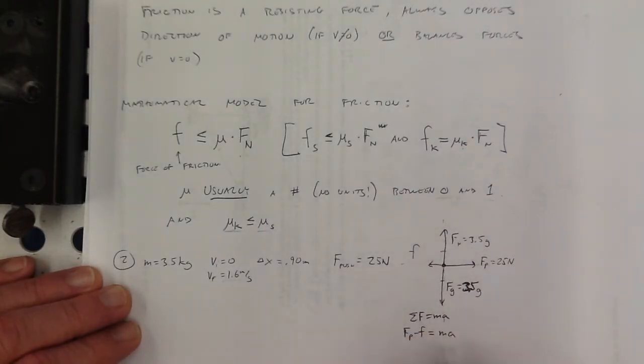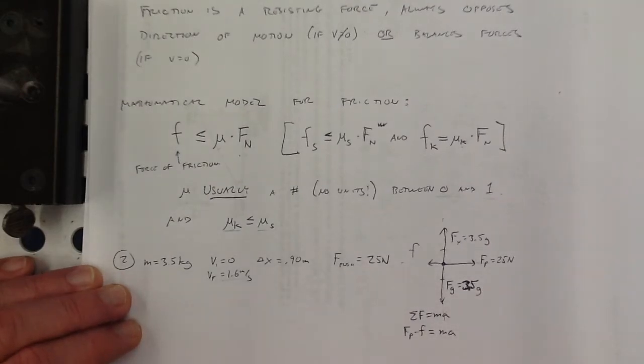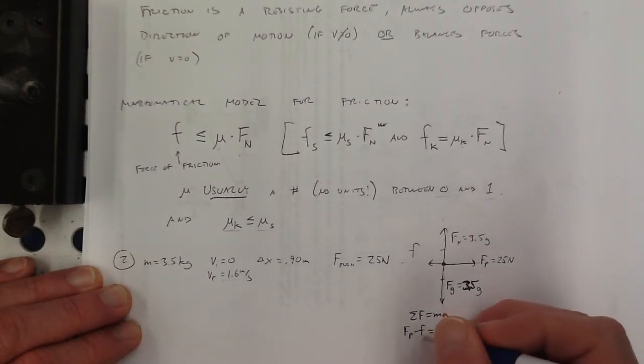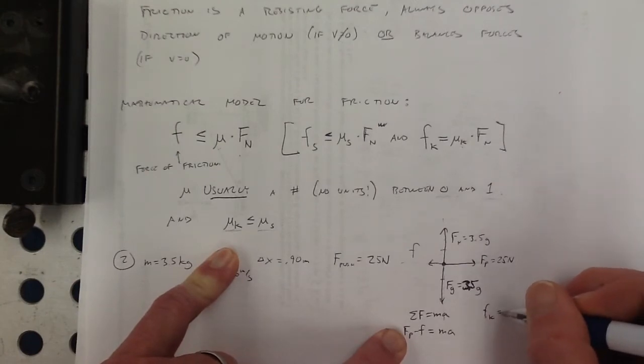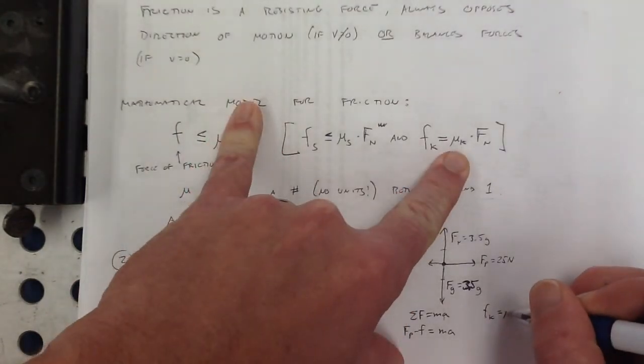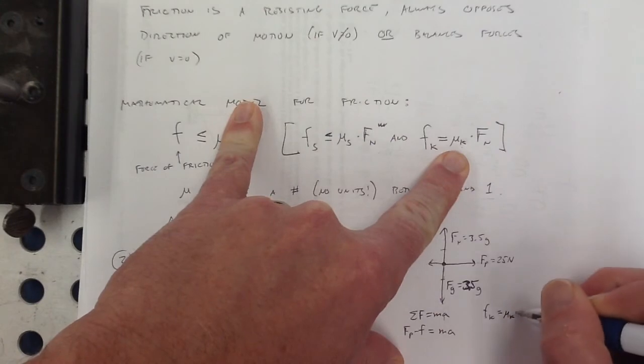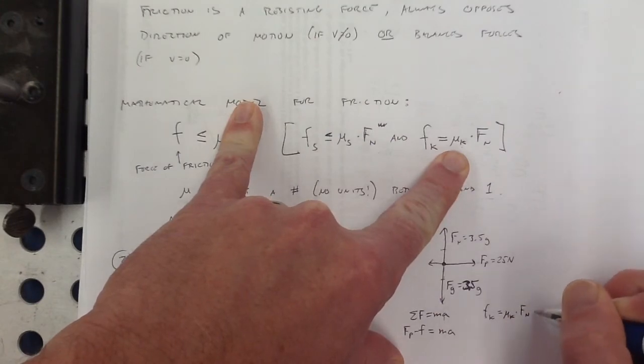So if we look at this and think about what we would like to find, we are looking for the coefficient of friction. Well, kinetic friction is equal to the kinetic coefficient times the normal force.